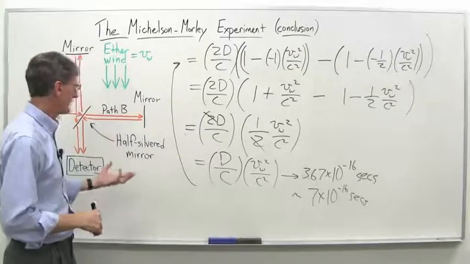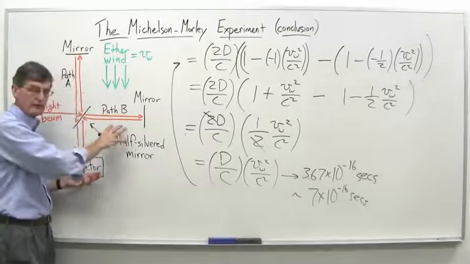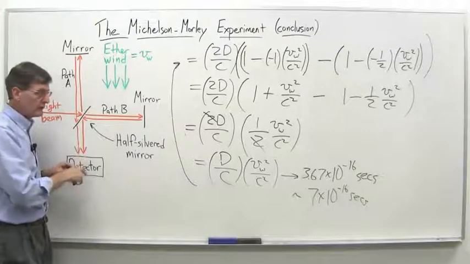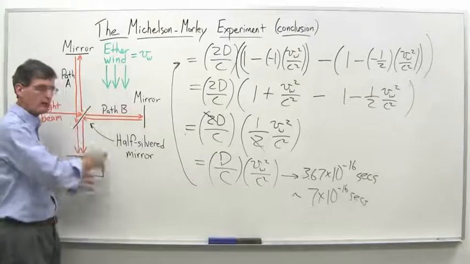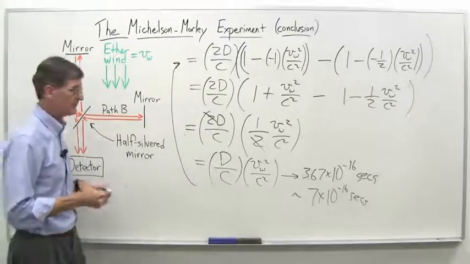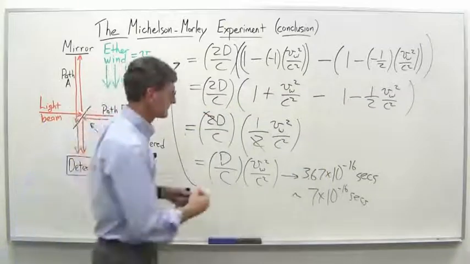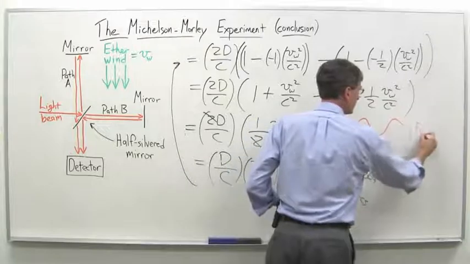And without revisiting all that, here's the basic idea of what happens. The two light beams take their different paths. They recombine back here at the detector. If there's been no path difference at all, no time difference, they both arrive back exactly at the same instant, then you can imagine the light beams coming in here. Let's use orange. Here come the light beams back into the detector here.